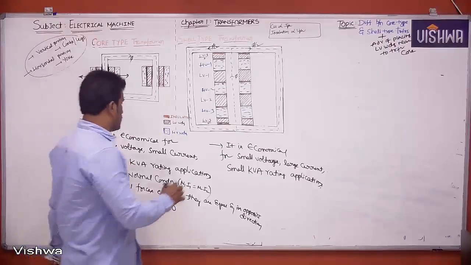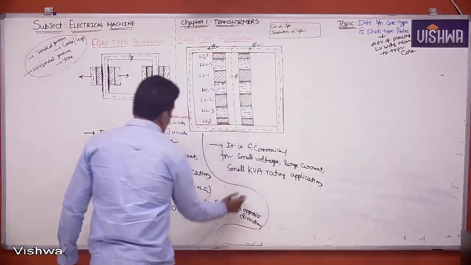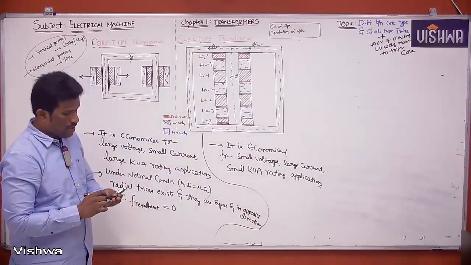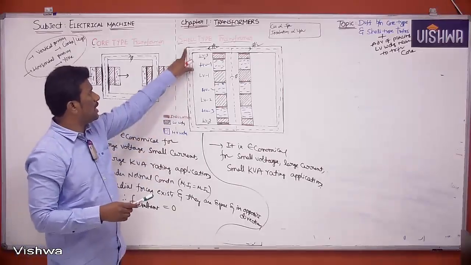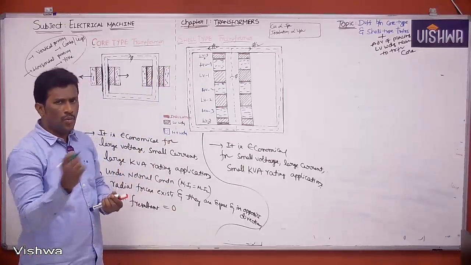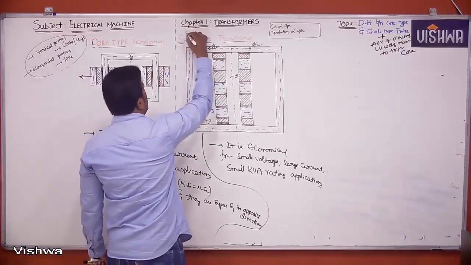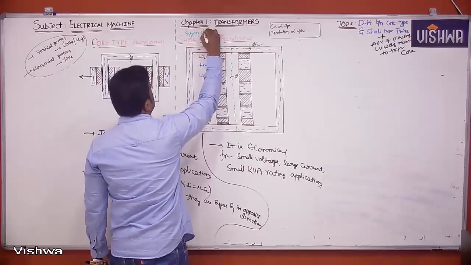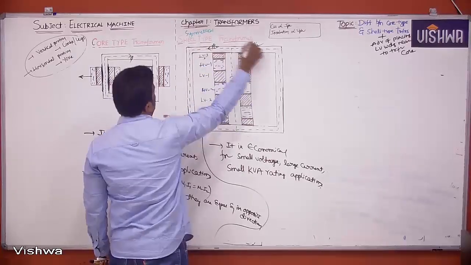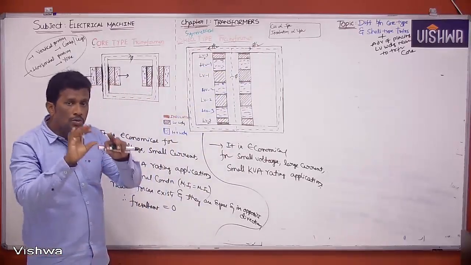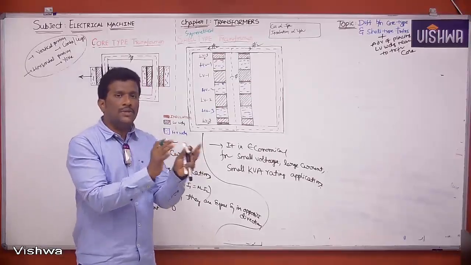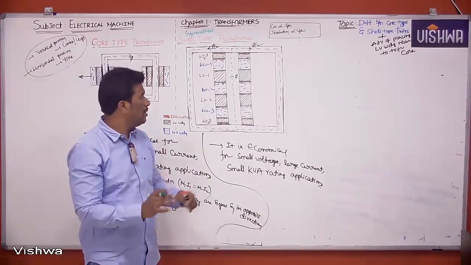Next, what about the shell type transformer, guys? To be frank, it is not exactly shell type. You can use one word before that: it's a symmetrical shell type transformer. How can you decide that it is a symmetrical shell type transformer? Very simple.